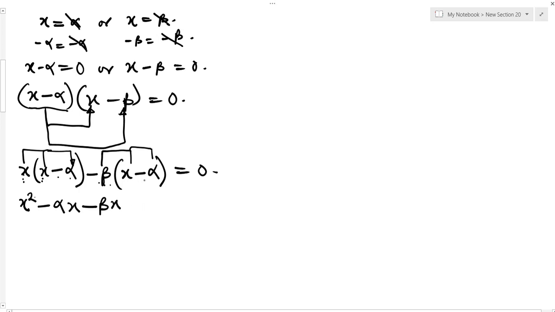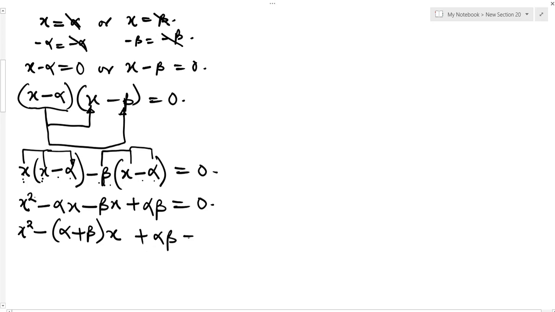Minus beta times minus alpha will give you plus alpha beta, which is equal to 0. Now you have x squared minus alpha plus beta times x plus alpha beta equal to 0.